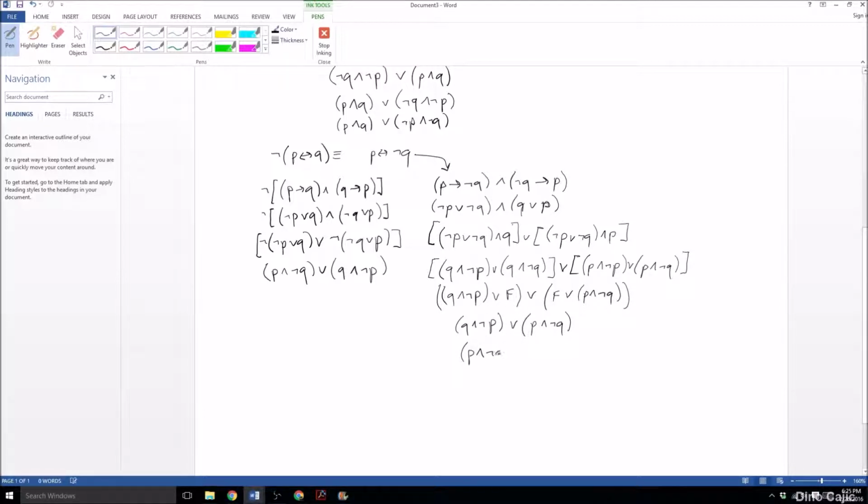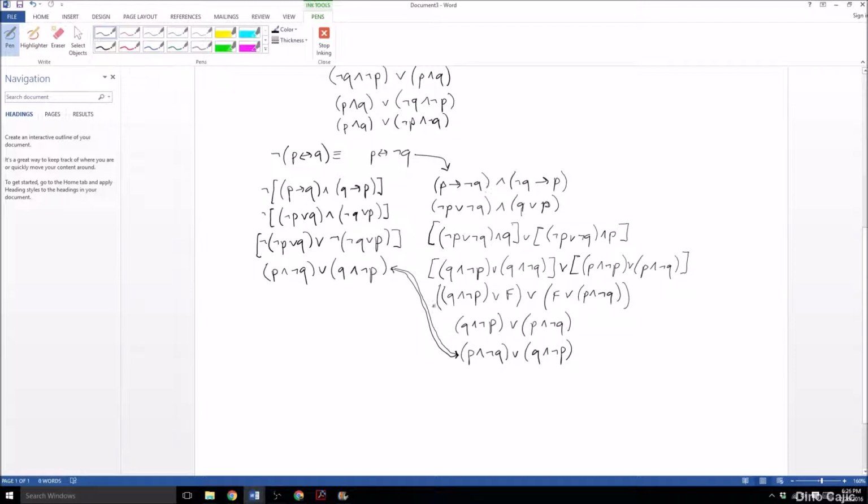So P and not Q, or Q and not P, which, as a matter of fact, is equivalent to this statement right here. So these two sides are logically equivalent. As you can see, sometimes it's not as easy as just working out one side and trying to get to the other side.